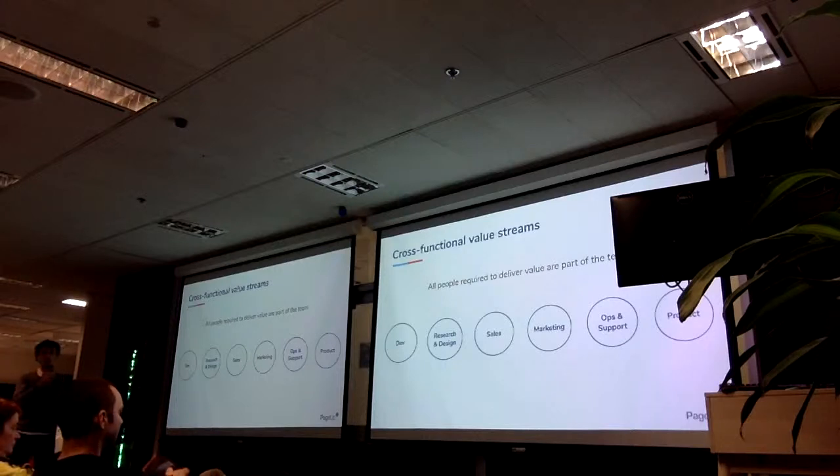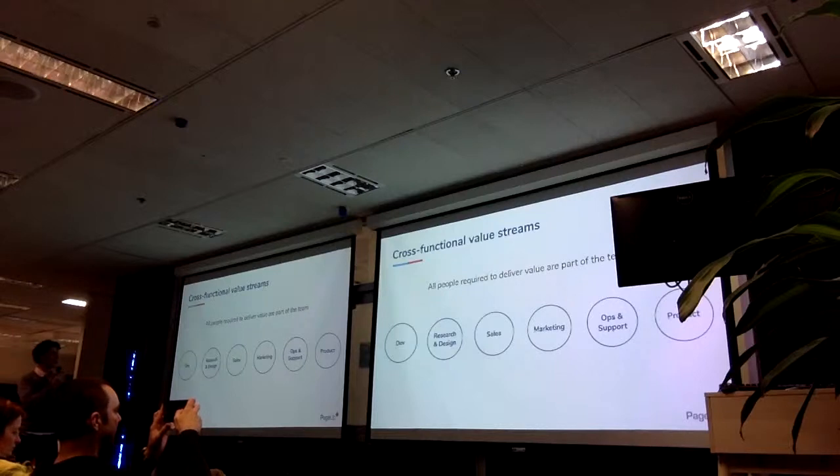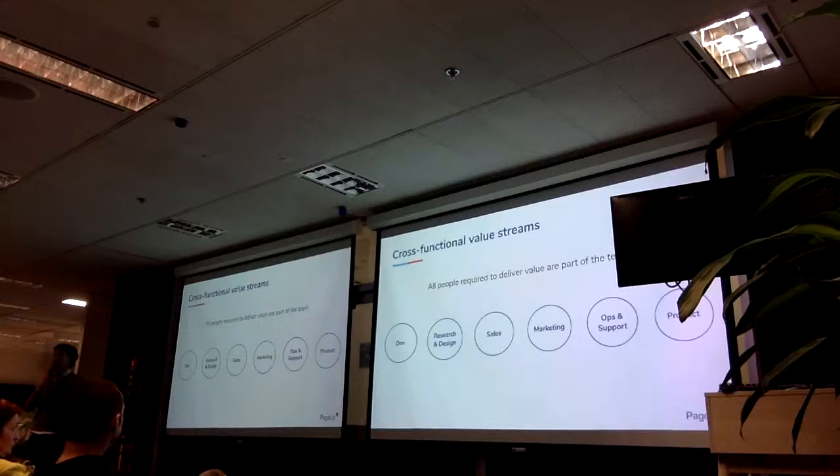As opposed to your classical team of developers, designers, and product managers, we have included in our teams dedicated team members from sales, marketing, ops, and support. So every single team now has the capability and the remit to provide end-to-end value to the various customer segments, geographies, and industries. That's how it's been set up.